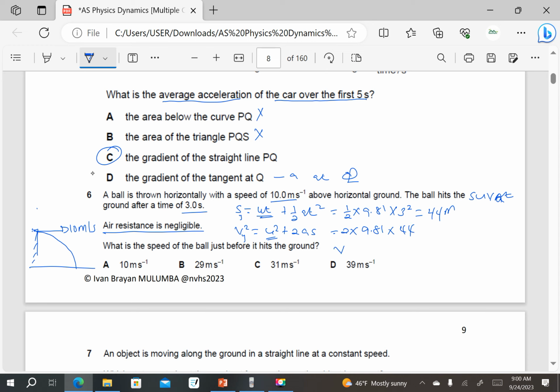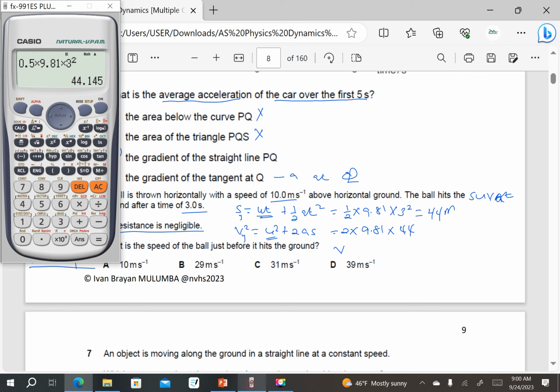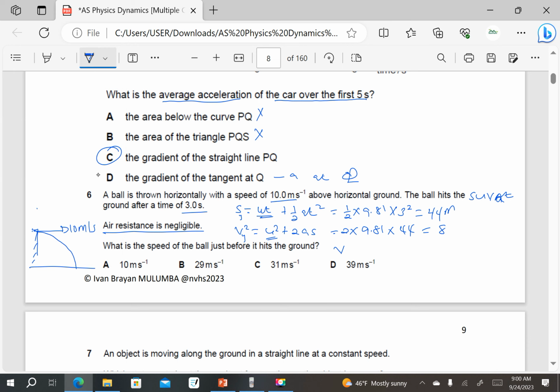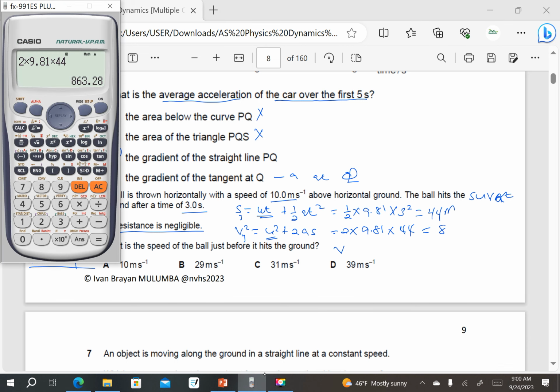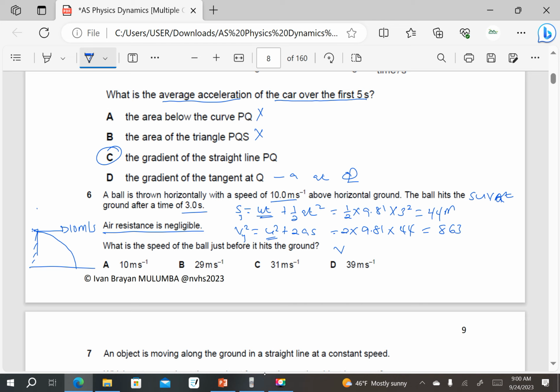Even if I don't find the square root, because I'm again going to square it, this is going to be 2 times 9.81 times 44. So v squared is equal to 863. Of course, this is going to be meters squared per second squared because I did not find the square root.